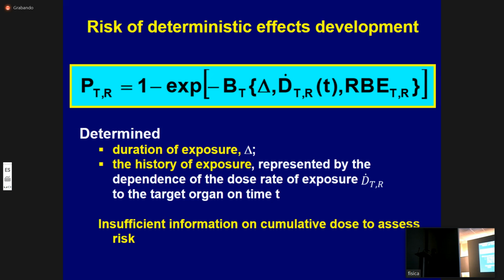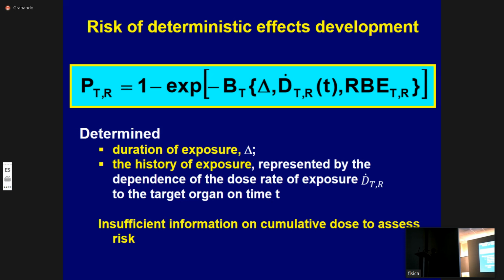And next topic, with an increase in dose rate and an increase in the duration of the irradiation time, the risk of developing a deterministic effect decreases due to the restoration of the function of the affected organ. Repair systems start working.